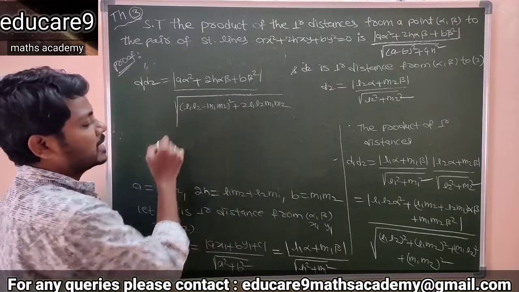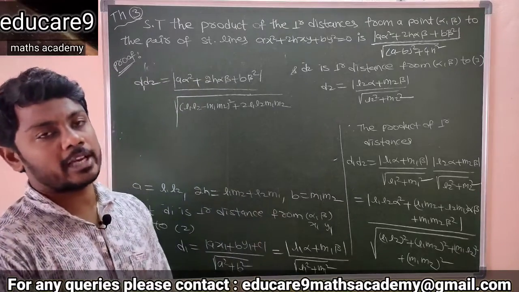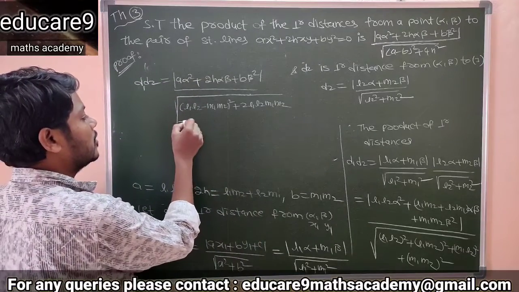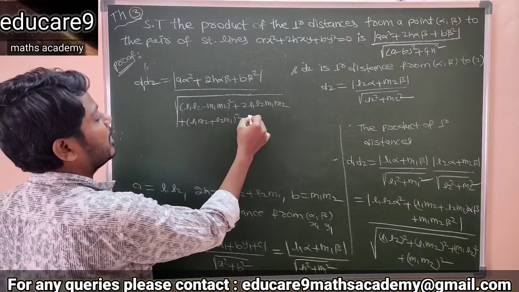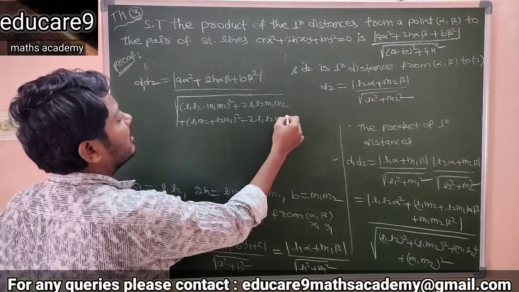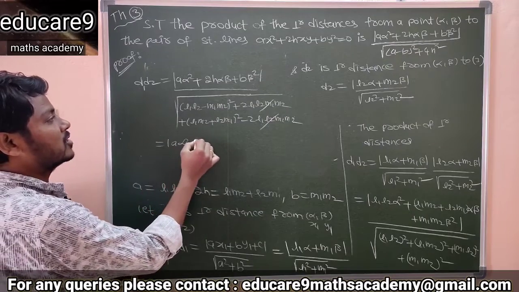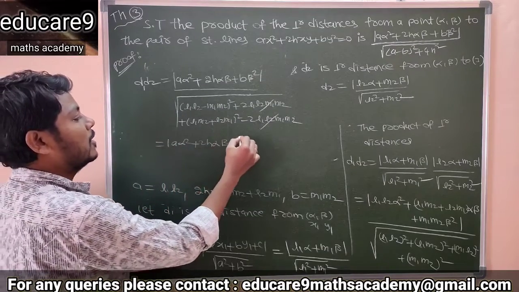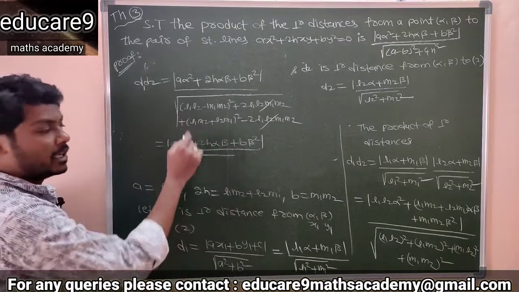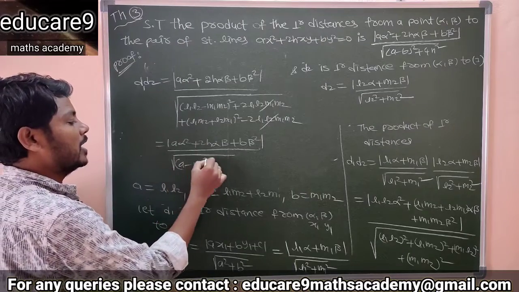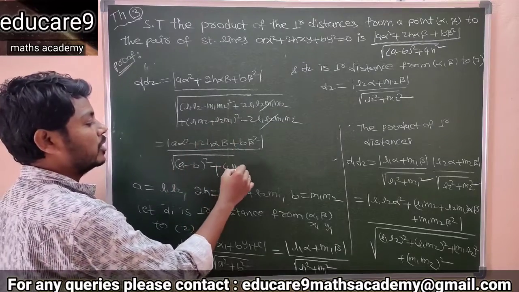For the second and third, a square plus b square equals (a plus b) whole square minus 2ab, that is (L1 M2 plus L2 M1) whole square minus 2 L1 L2 M1 M2. So these two terms get cancelled. Now what you get: a alpha square plus 2h alpha beta plus b beta square, divided by square root of (a minus b) whole square, since L1 L2 is a and M1 M2 is b, plus 2h whole square, you will get 4h square.